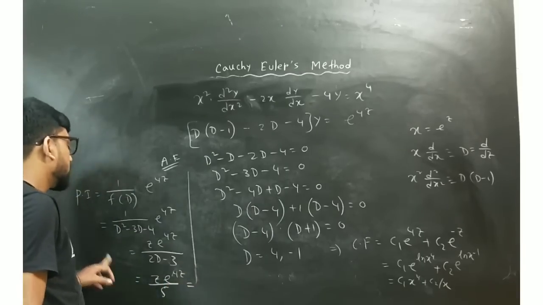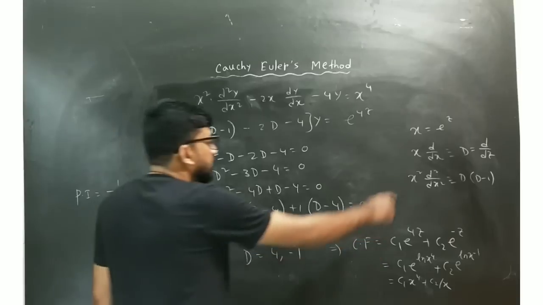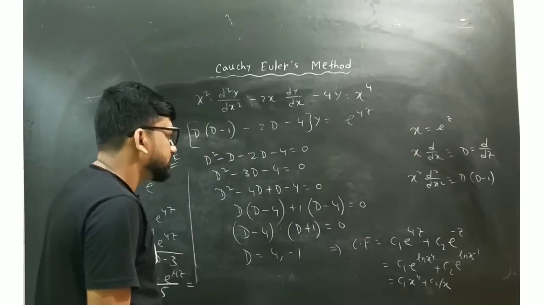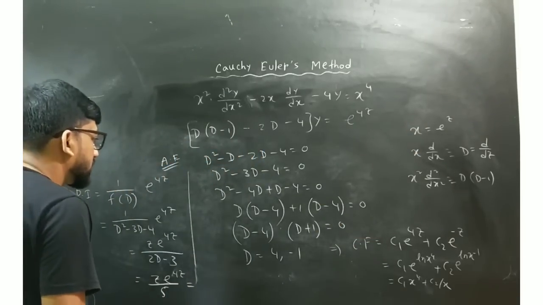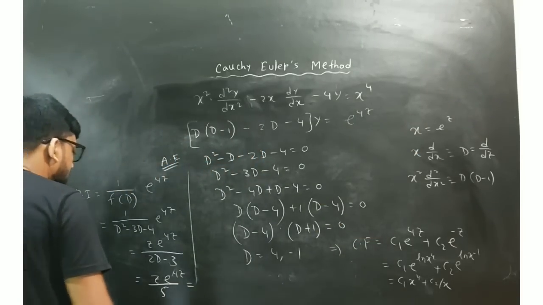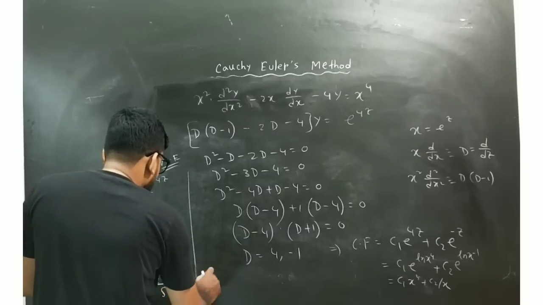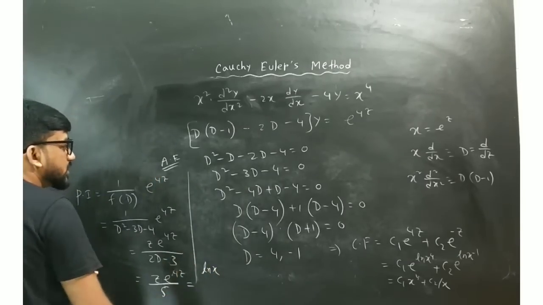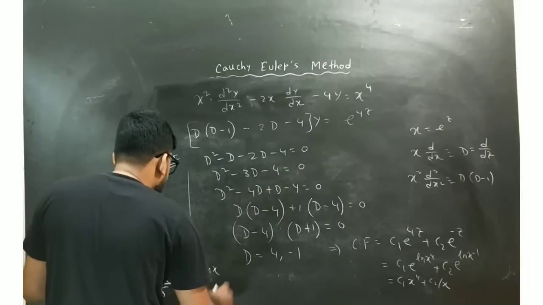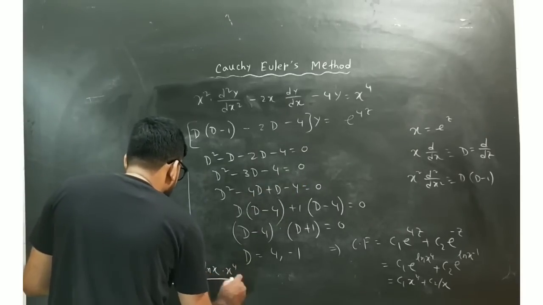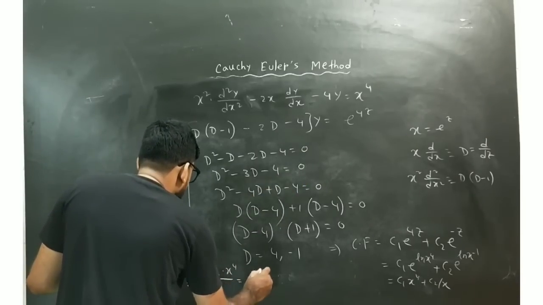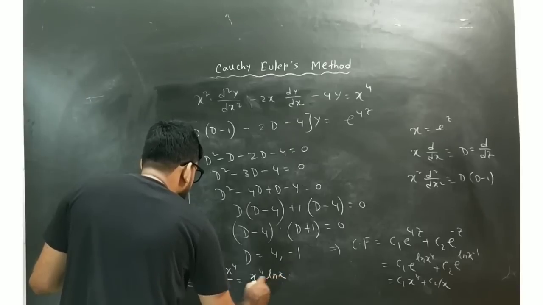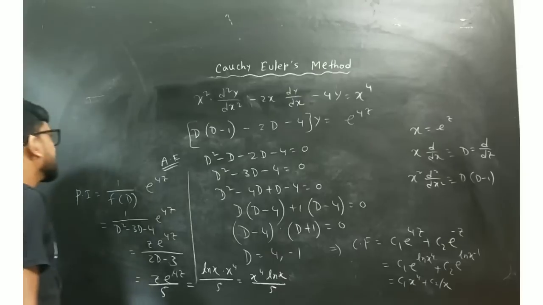Okay. So what is z? Now again you have to put z equal to ln x. So we have ln x into e to the power 4z, and e to the power 4z means again x to the power 4, divided by 5. So that will be x to the power 4 ln x by 5. So this is your particular integral.